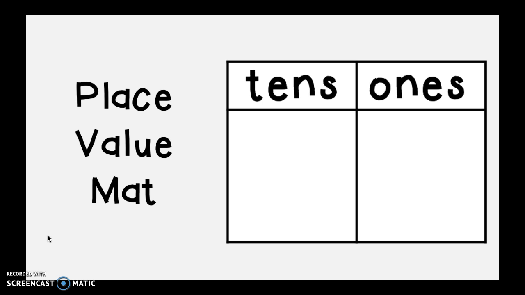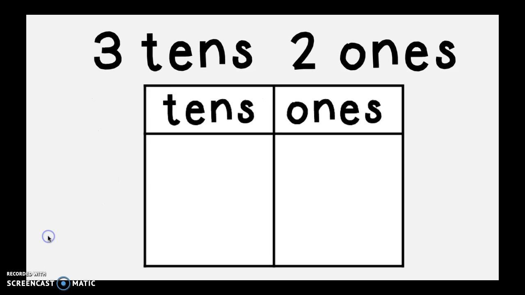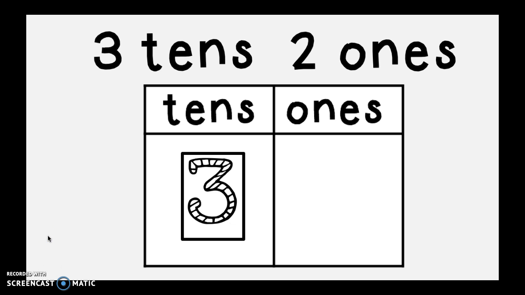Let's try it. Oh, I love this place value mat. Okay, so for our example, I had 3 10s and 2 1s. I'm going to go ahead and put that 3 10s into my place value mat. So I'm just going to put a 3 right in there. Now, because it's in that 10s box, I know that if that number is there, it means that's how many 10s I have. 3 10s.